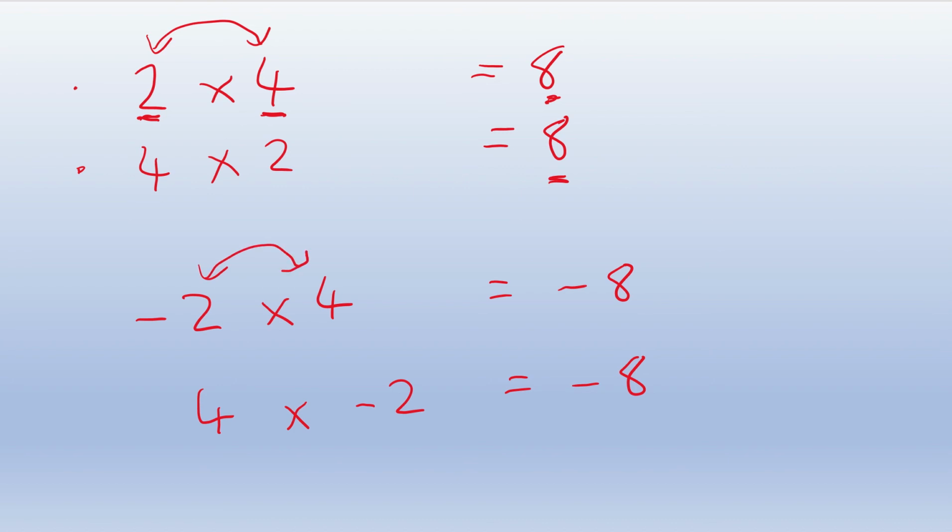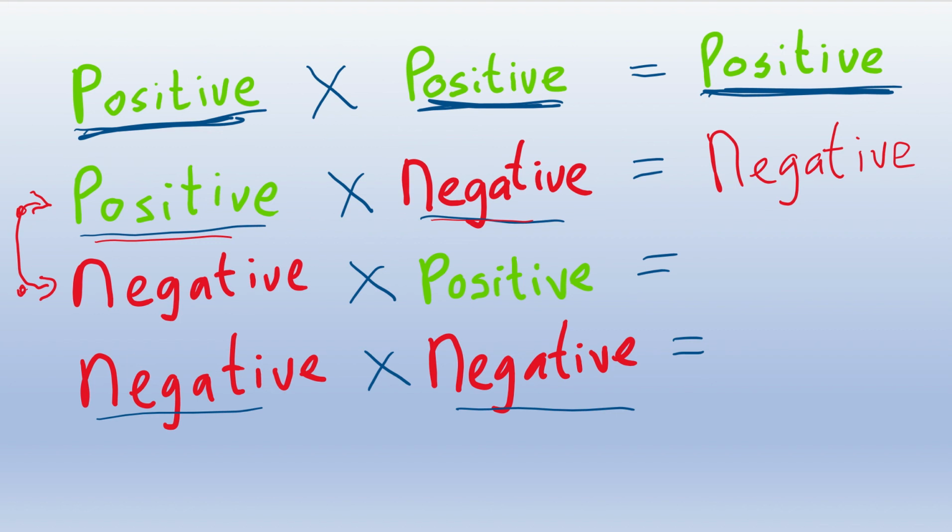I've just changed the order of which the numbers are in, and I'm still getting my same answer. So the point I'm trying to make there is that for your positive times your negative, we found out that was a negative. But also the same thing if your negative number came first. So if you have a negative times a positive, that's going to give you a negative as well.